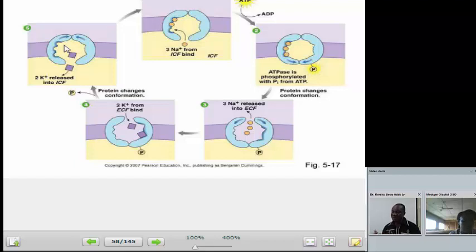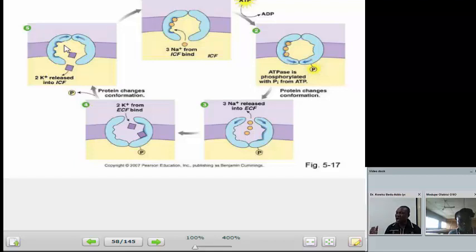From our body fluid lecture, we know that the concentration of sodium in the extracellular fluid is higher than sodium in the intracellular fluid or cytoplasm. Concentration of potassium in the intracellular fluid is higher than outside or in the extracellular fluid.